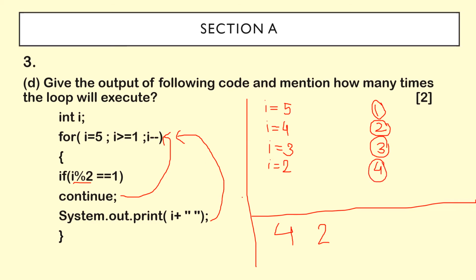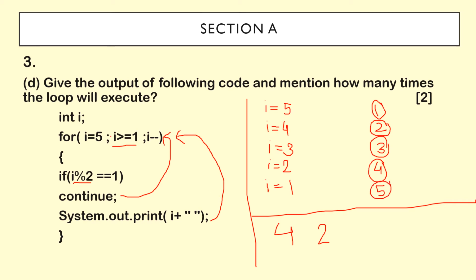I will again decrease, I minus minus, so I will become 1. The condition is still satisfied because here the condition says I should be greater than or equal to 1. So it is equal to 1, it will still enter the loop. So 1 mod by 2 is equal to 1. So it will not print further and the loop has executed 5 times.